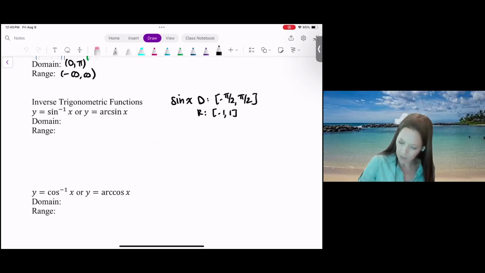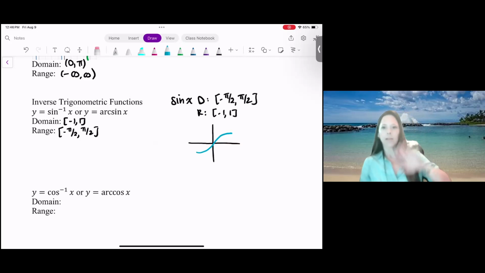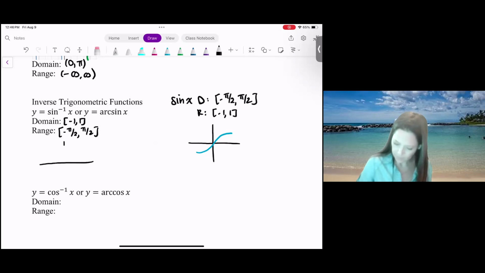The domain of inverse sine is then going to be -1 to 1. And the range for inverse sine is going to be from negative pi over 2 to pi over 2, inclusive. My graph that was curving sideways is now going to curve up and down. So my graph for the inverse sine is going to look like this.